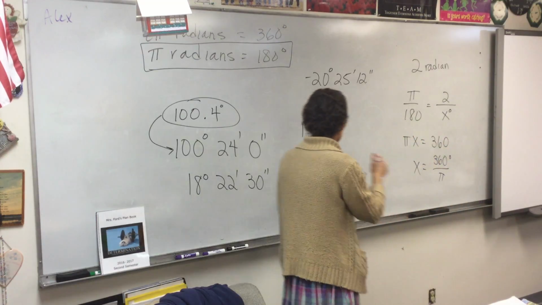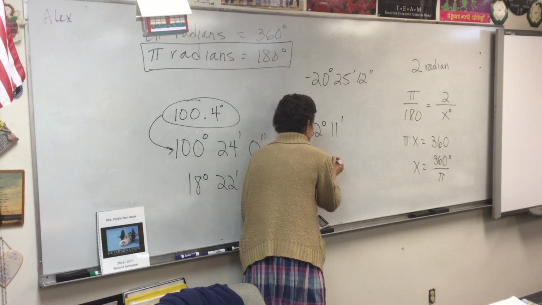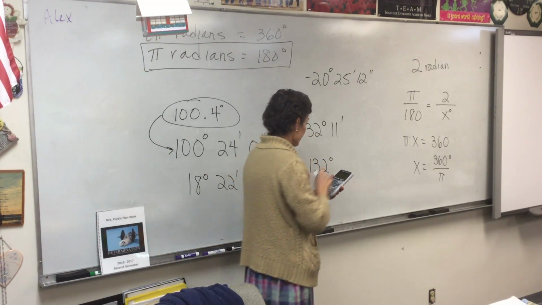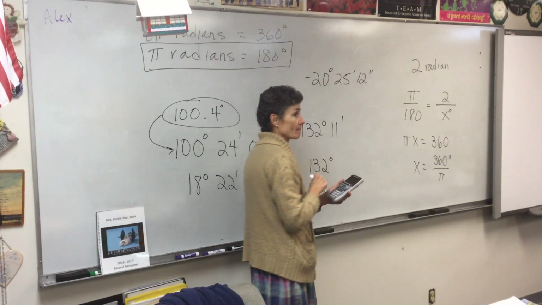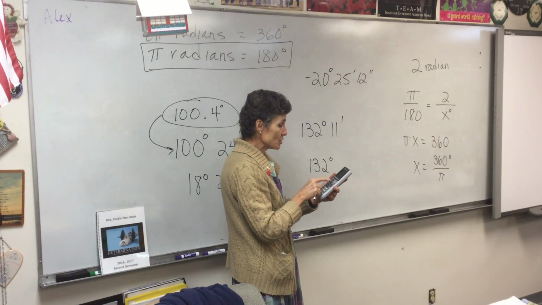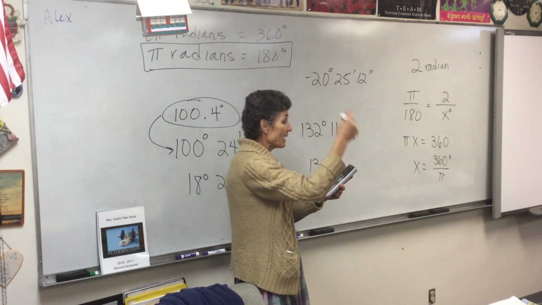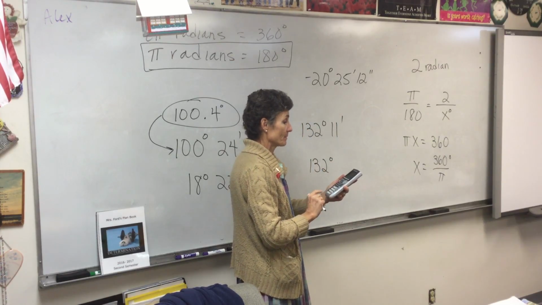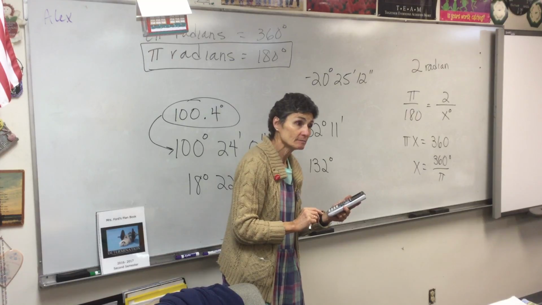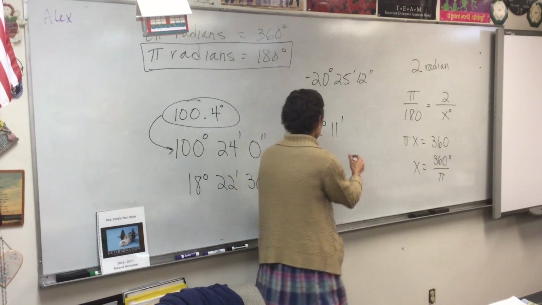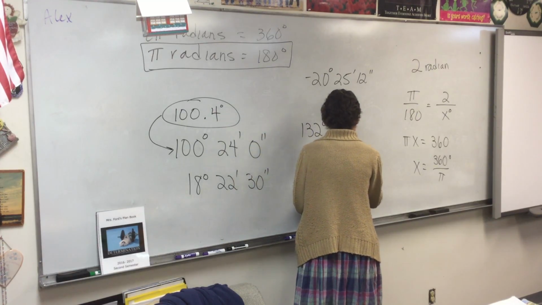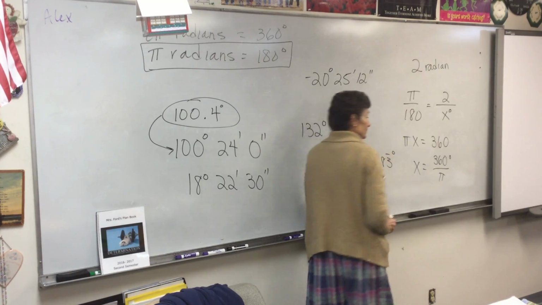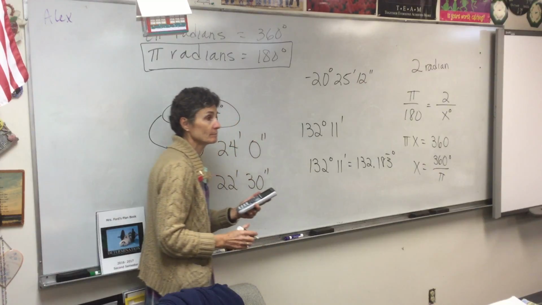Press it. Now type 11. Then go back into your angle menu. And number 2 is your minutes. Press equals. And what did you come up with? 132.183 repeats over and over again.